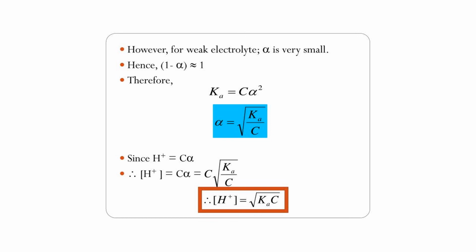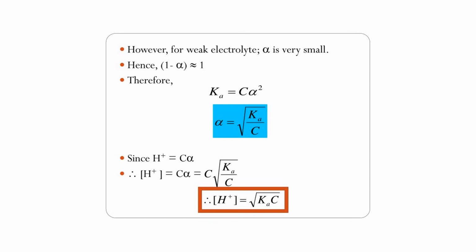So Ka is equal to C alpha square, and alpha for weak electrolyte is equal to root of Ka by C. So in the case of H plus ions, the concentration of H plus ion is equal to C into root Ka by C. So this is actually called the Ostwald dilution law.